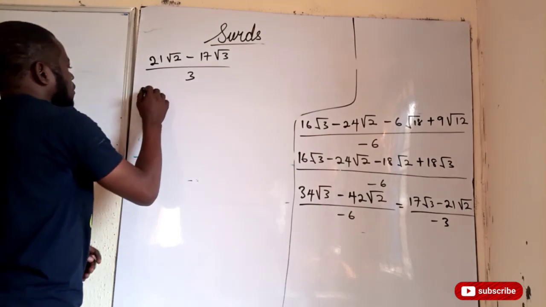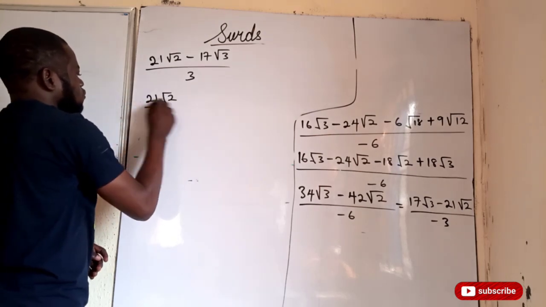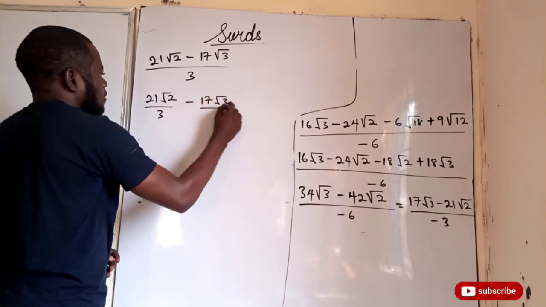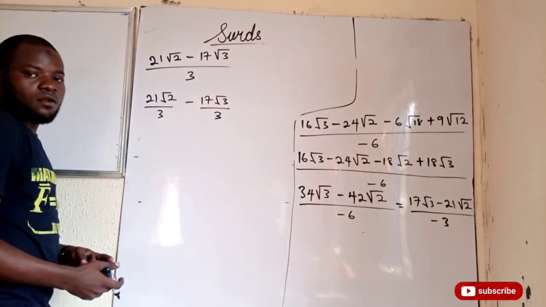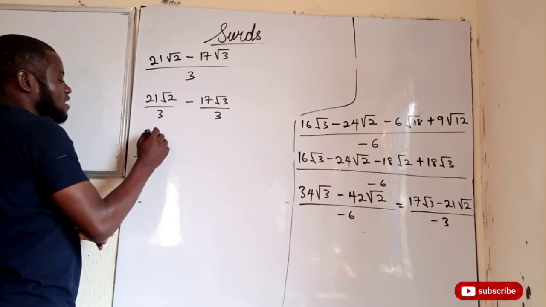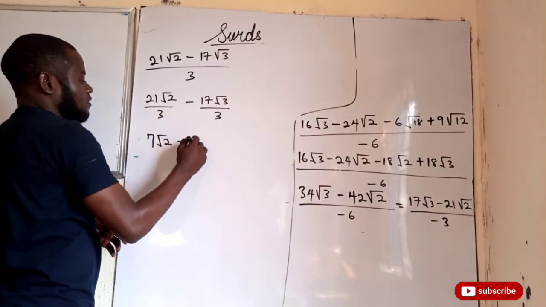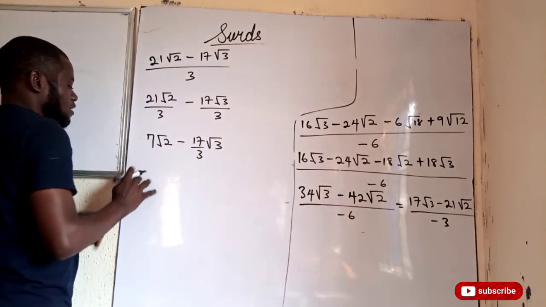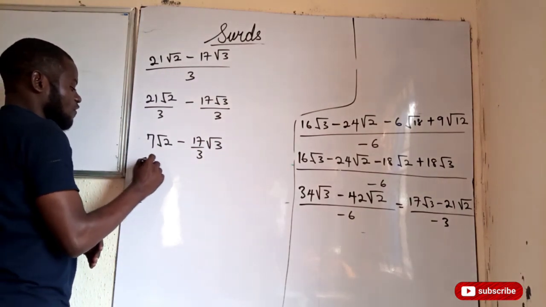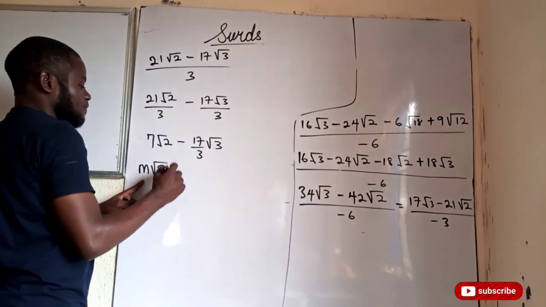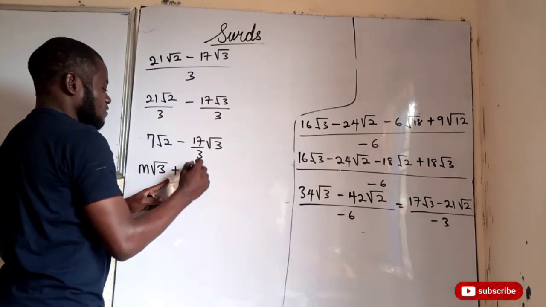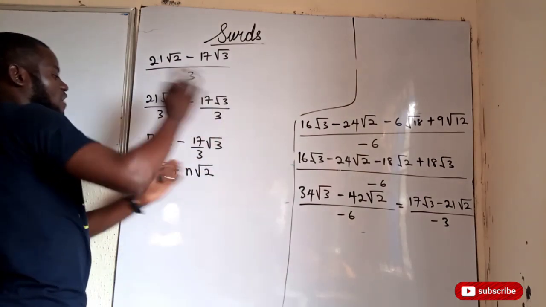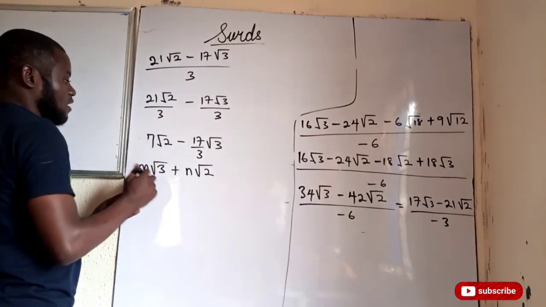Hence, this will become 21 root 2 over 3 minus 17 root 3 over 3 as well. So this can become 7 root 2 minus 17 over 3 root 3. We have to leave our answer in the form m root 3 plus n root 2, so we have to invert the answer.